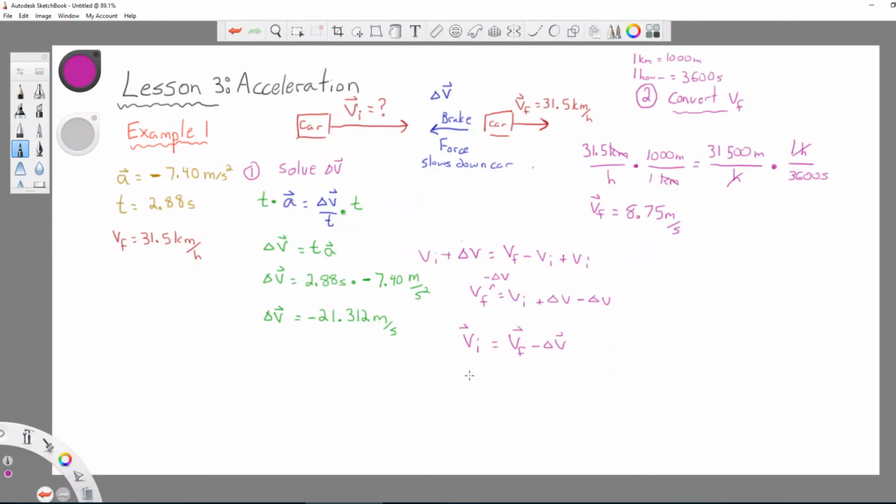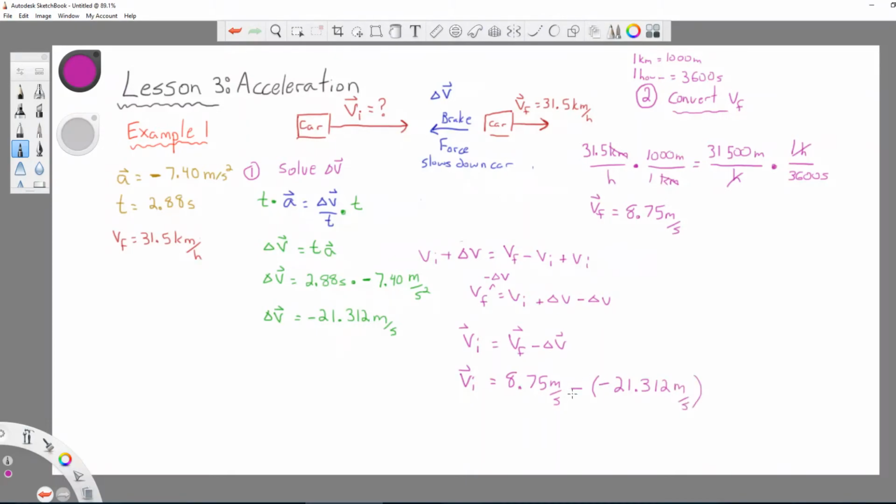Okay, so let's add our numbers in here now. VI, what we're finally looking for, is equal to VF, 8.75 meters per second. Minus negative, right? Because this is a minus symbol here, but we have a negative delta V here. So minus negative 21.312 meters per second.